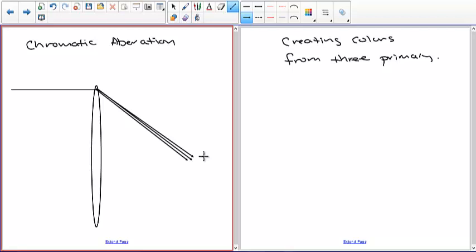If you've ever used a desktop publishing program or a camera program, you can adjust the color. You can make it redder, greener, or bluer, and all you're doing is taking the percentage of the different colors and changing the quantity.